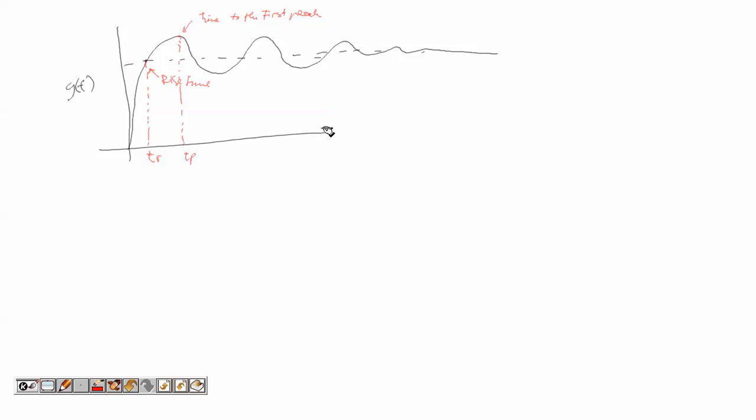Here settling time is the time required for the process output to reach and remain inside a band whose width is equal to plus or minus 5% of the total change in Y. So the response reaches about 95% of the new steady state.